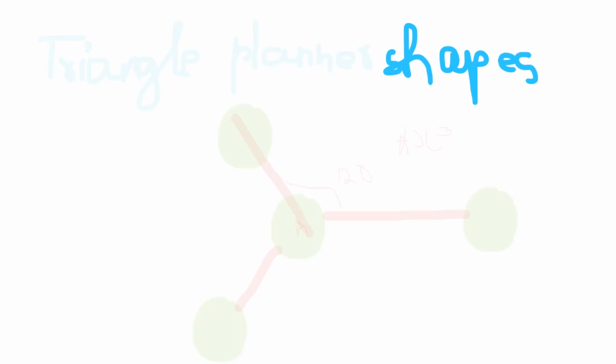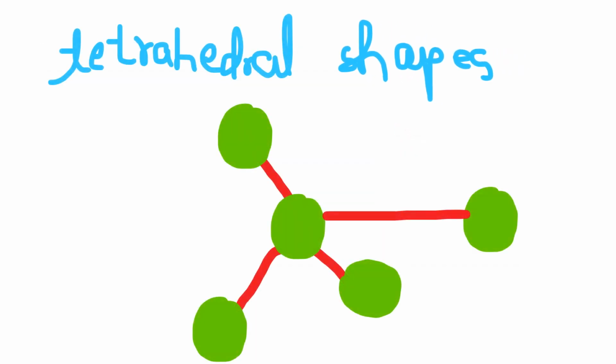Now another, the third shape, is known as tetrahedral shape, when the molecules are formed in the formation of AX4, where again we know that the central atom is A and the rest are X, where the angle is 109.5 degrees.